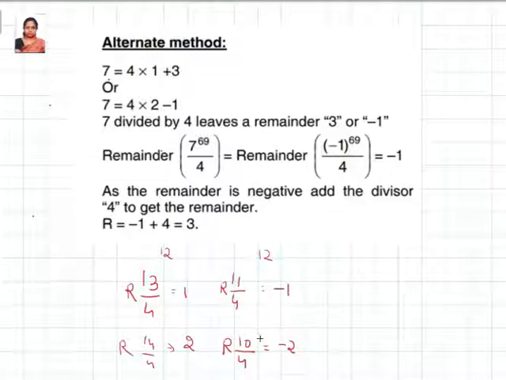And now, you can't use this negative remainder directly. Whenever you get a negative remainder, you just have to add the divisor to that to get the actual remainder. So here the actual remainder is 3. In this case also, you add the divisor, that is 4, and you get 2 as the answer.